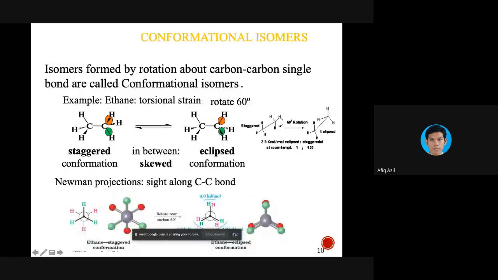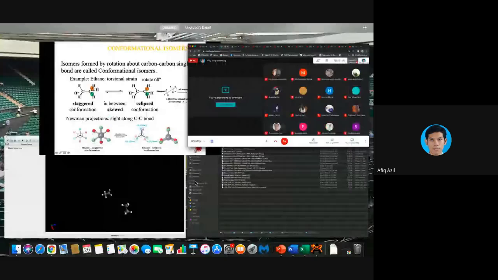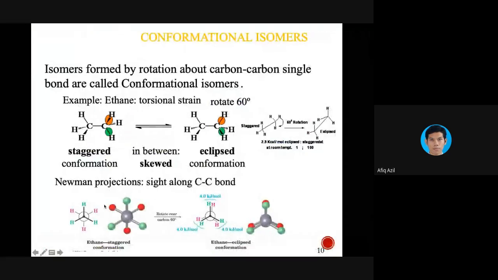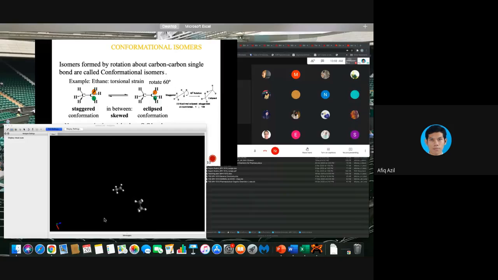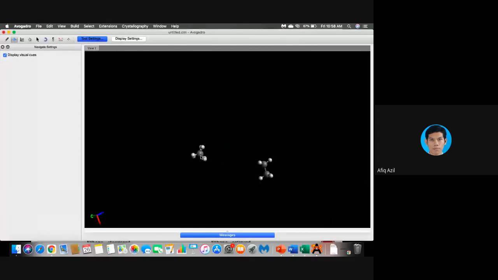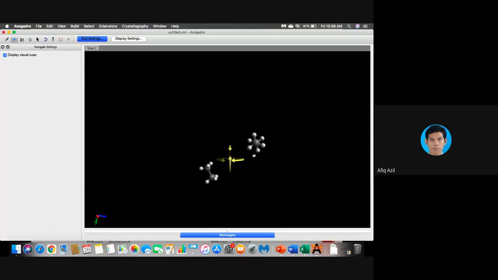Another way that you can view these conformational isomers is by using the Newman projection. By using the Newman projection, you are viewing the compound along the C-C bond. That means from the front, as I have shown you from this angle and also from this angle.